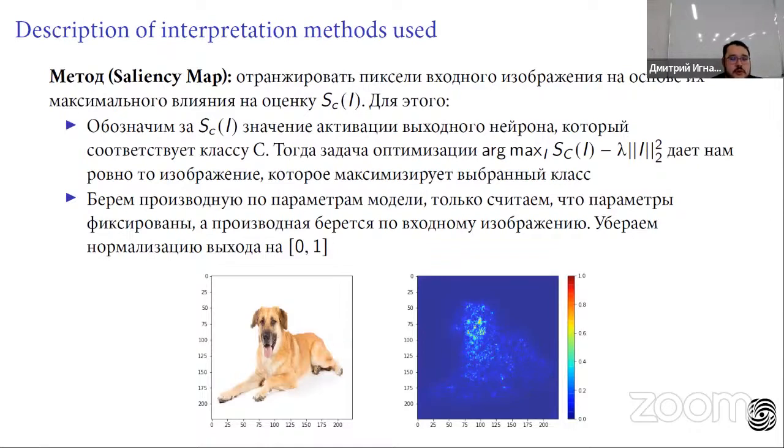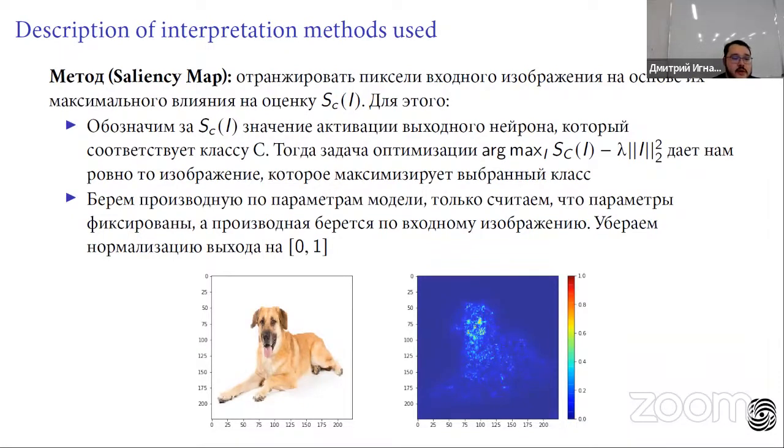How does it work? We put an image into a neural network, and then we take gradients and look at the gradients on the pixel level.